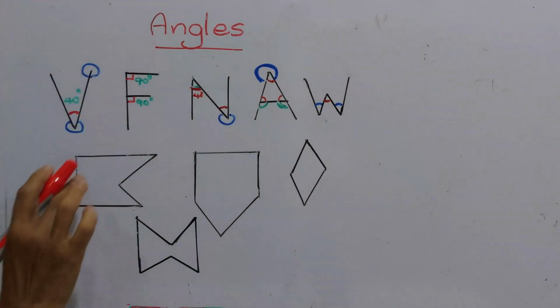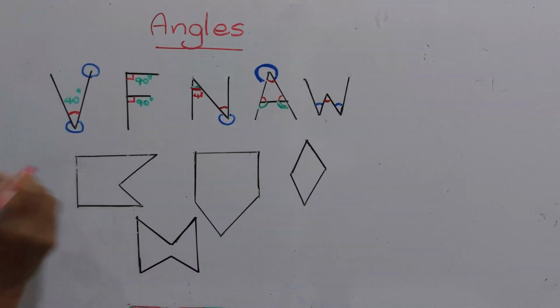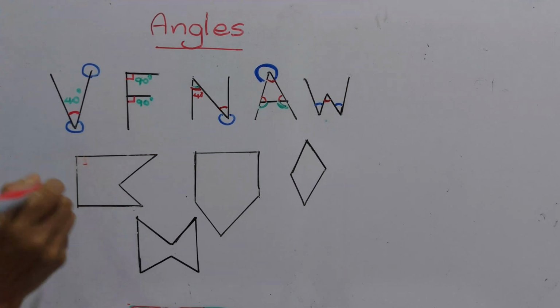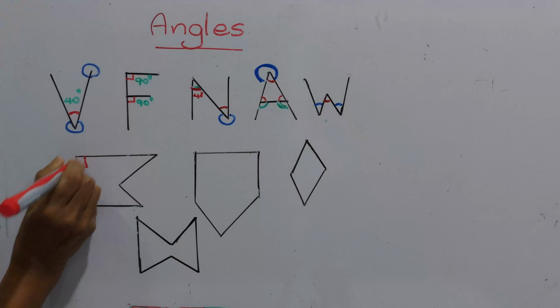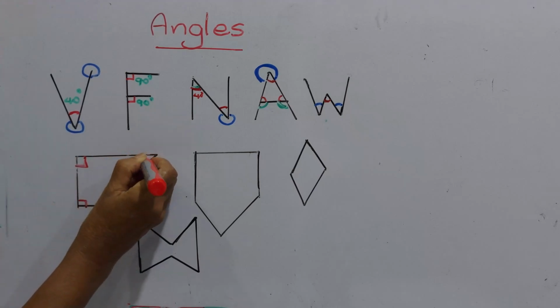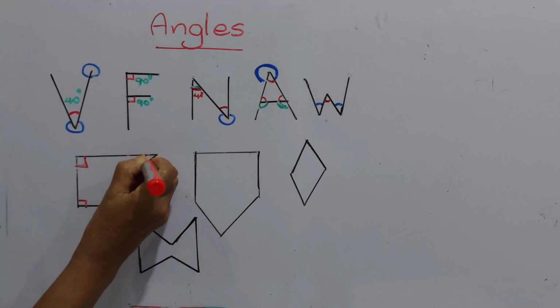That's interesting. Right now, if you are asked to draw a figure with two right angles. Here, two right angles are here. Two right angles and two acute angles are there. Can you draw a figure like this?